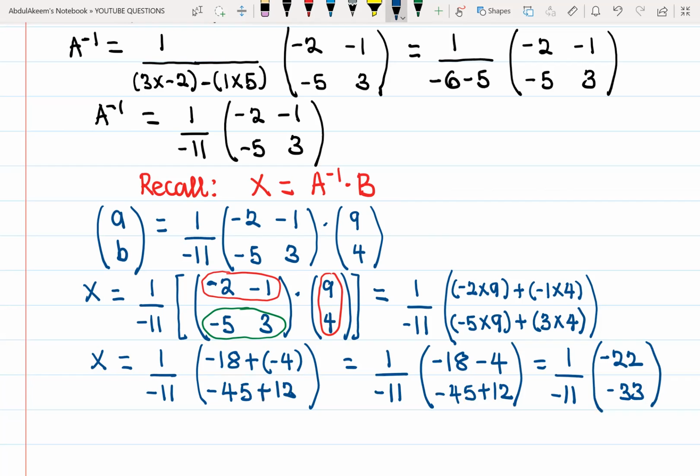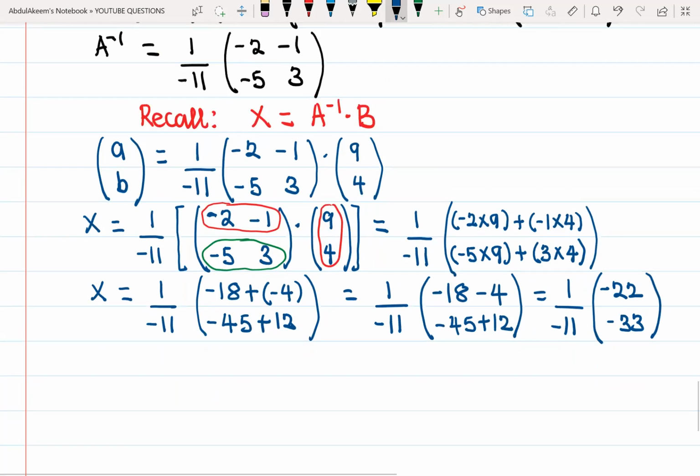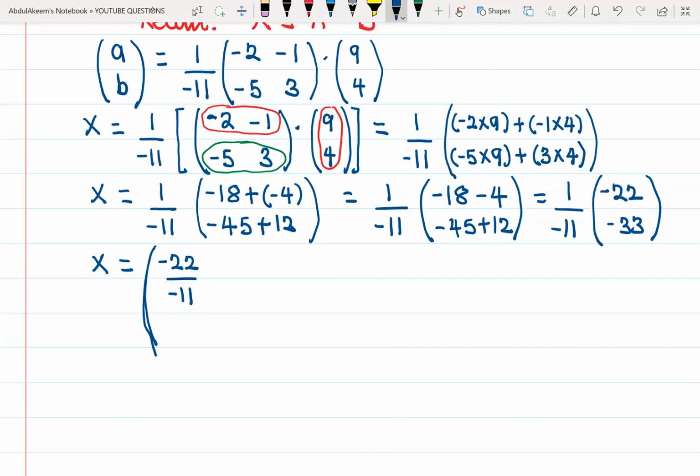So for my matrix X, what will I have? I will divide by this determinant here. That becomes minus 22 divided by minus 11. The next element will now become minus 33 divided by minus 11. So I have my X equal to the matrix [2; 3].